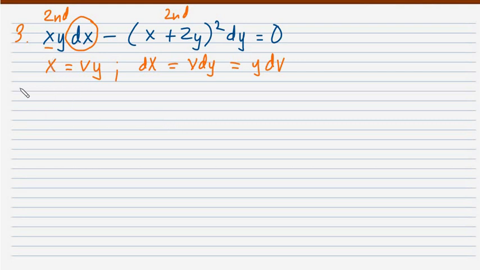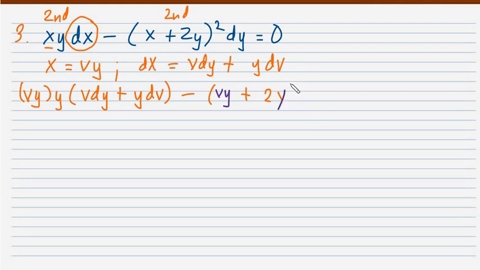So our x here will become vy, times y times (v differential y plus y differential v), minus x plus 2y squared, where x will be substituted by vy. I forgot that dy. Then 2y squared times dy is equal to 0.